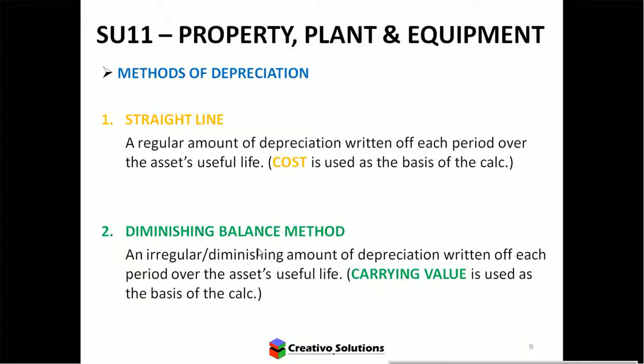Right, so cost minus accumulated depreciation gives you carrying value. Will that change over the asset's useful life? Yes. Will it get bigger or smaller? Smaller. Good. So the depreciation is going to diminish, and that's why you've got diminishing balance. Makes sense? Okay.